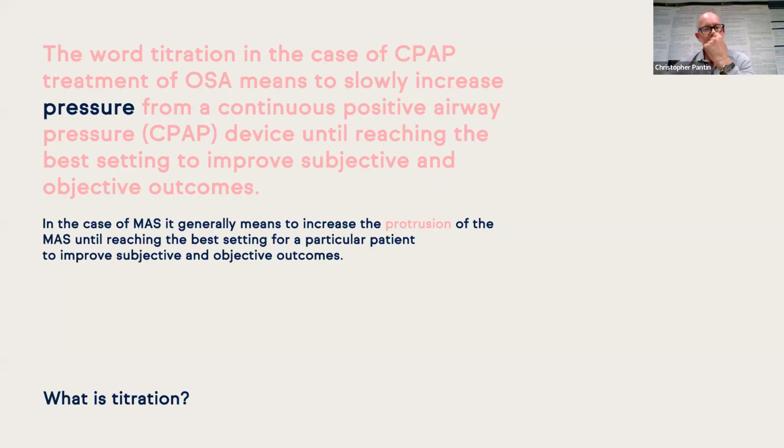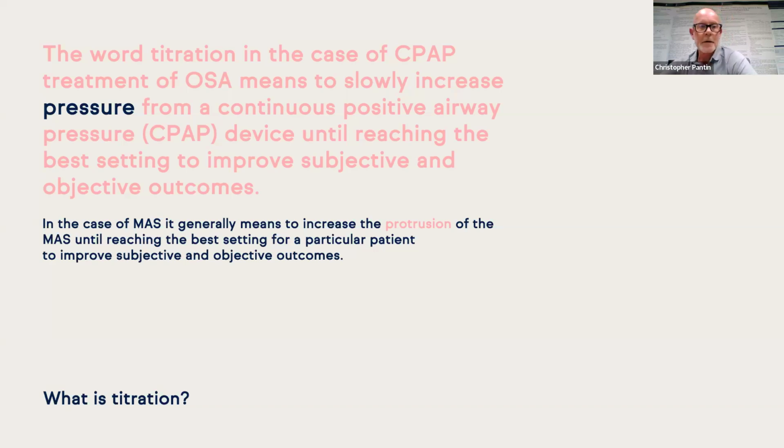So the word titration, in the case of CPAP treatment for obstructive sleep apnea, just means to slowly increase the pressure from a continuous positive airway pressure device or any other PAP device. As you would know, there's APAP, BPAP, BiPAP, there's all sorts of PAP, until reaching the best setting to improve subjective and objective outcomes.